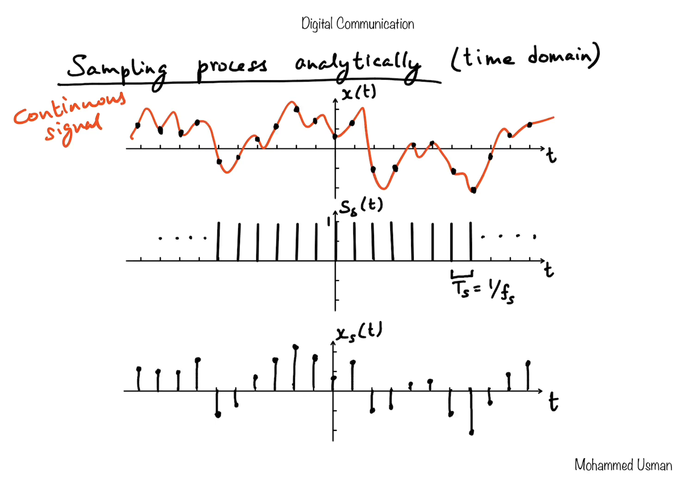Now, the second signal which we have here is called the sampling function, using which we are going to implement or produce the effect of sampling. The sampling function is nothing but an impulse train.